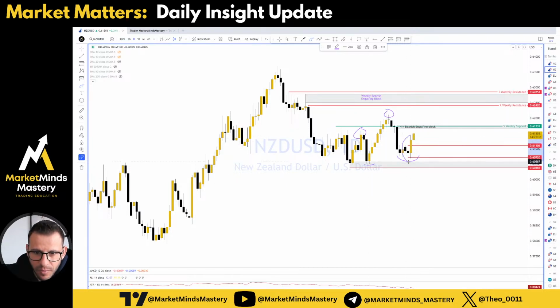Therefore, after this bullish engulfing, the price moves upwards to try and fill this area here.